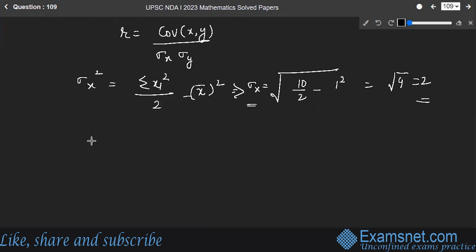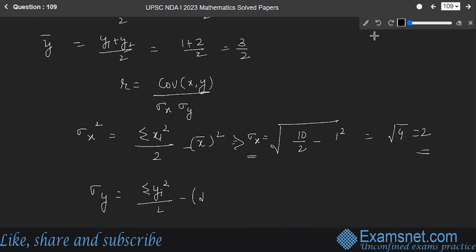Similarly, variance of y is sigma yi square upon 2 minus y bar square.